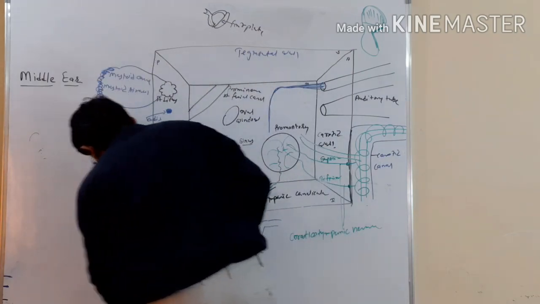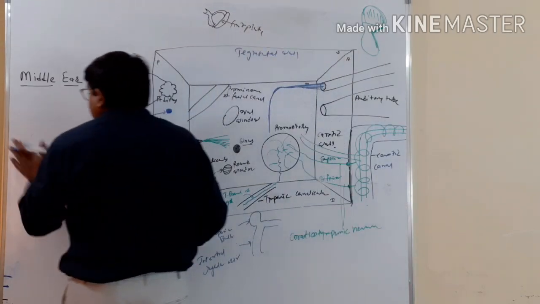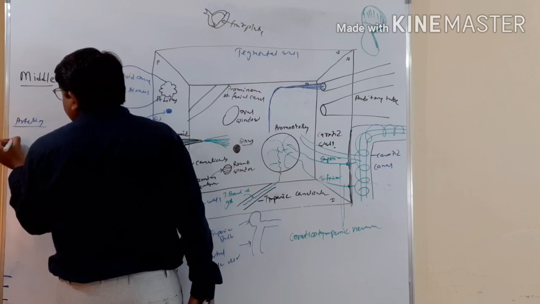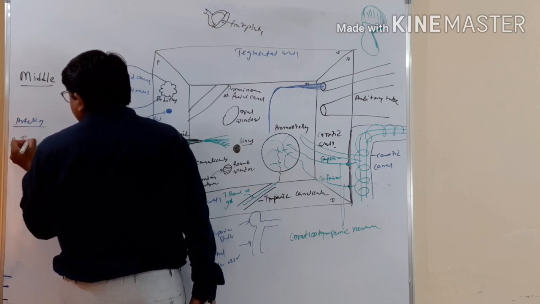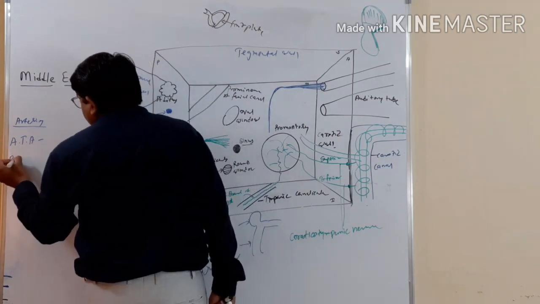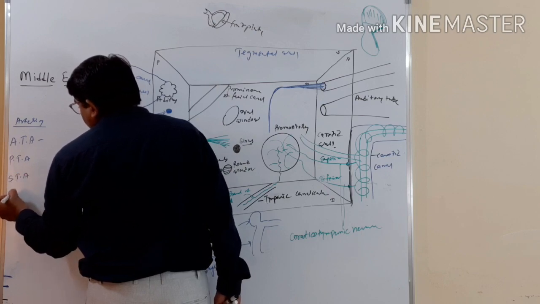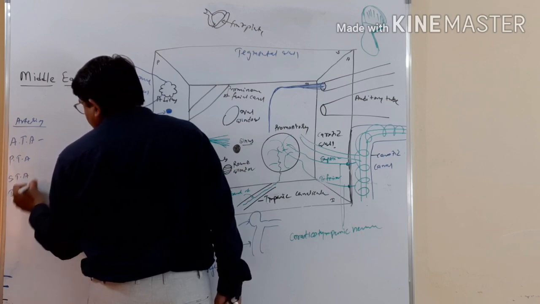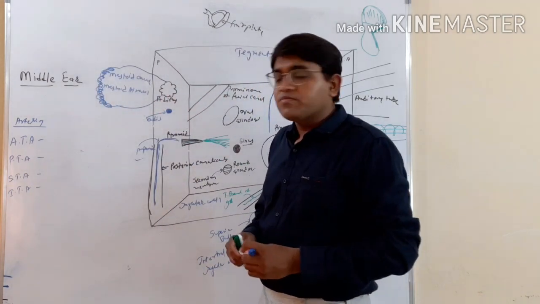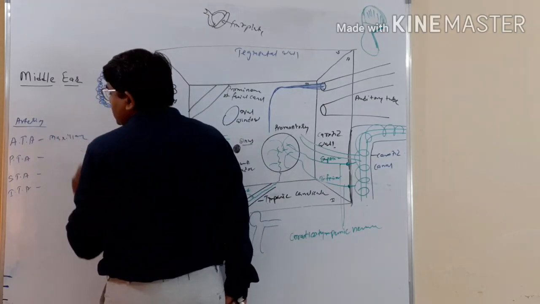So let us discuss these arteries. The anterior tympanic artery, then the posterior tympanic artery, then the superior tympanic artery, then the inferior tympanic artery. The anterior tympanic artery is a branch of the maxillary artery.